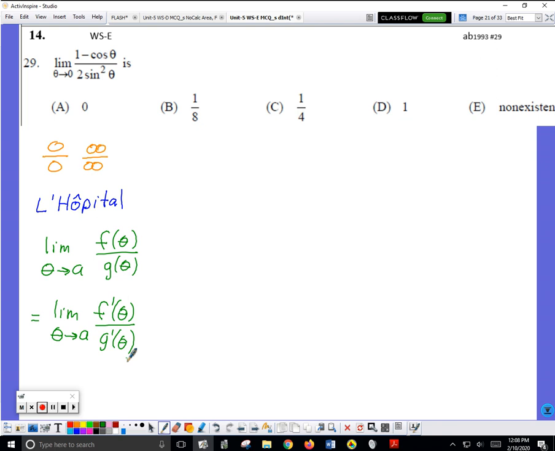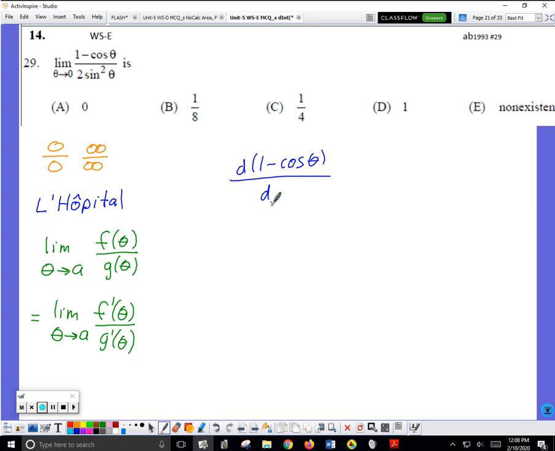Just take the derivative of both the top and the bottom. It's not the quotient rule at all. It's the derivative of the top and the separate derivative of the bottom. It's way easier than the quotient rule. So I come over here, and I need the derivative of 1 minus cosine of theta. Look, it's crucial you get the bottom right here.